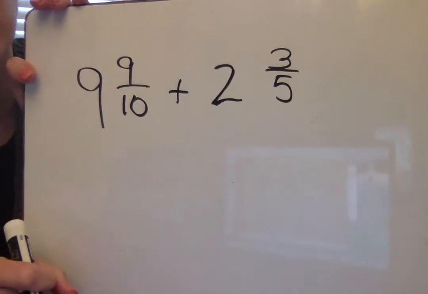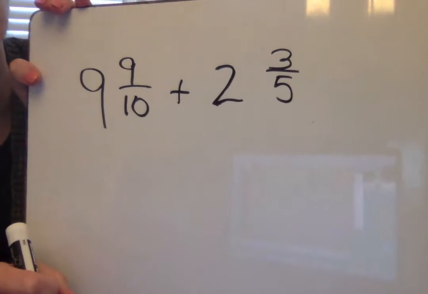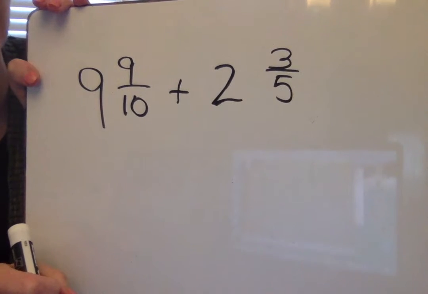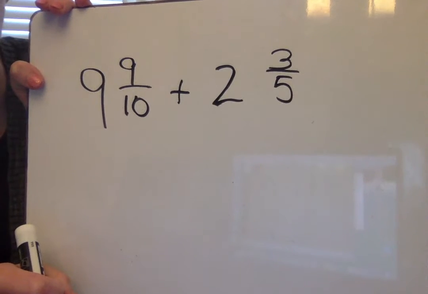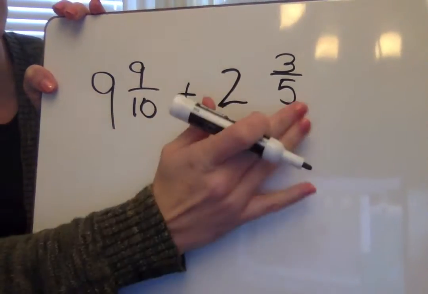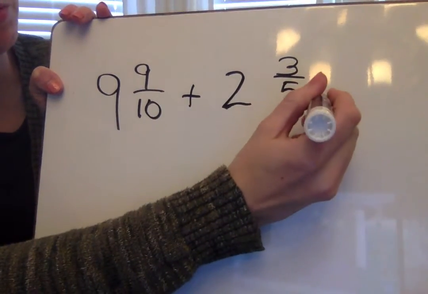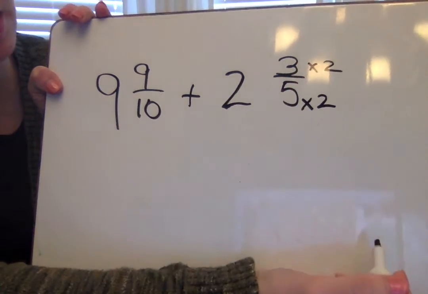They're not the same, so I need to make them the same. So what I'm going to do is find a common denominator for 10 and 5, and that will be 10. Don't have to change this one, only this one because this is already at 10. Times 2 on the bottom, times 2 on the top.